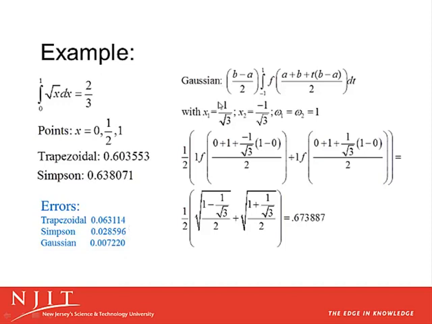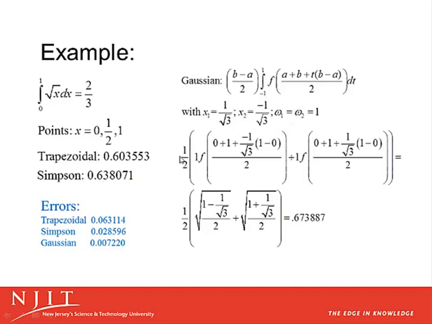Gaussian quadrature, well, we're going to use b minus a over 2 times this integral from minus 1 to 1 of f of a plus b plus t times b minus a over 2 dt. Well, we're going to use x1 meaning t, because now t goes from minus 1 to 1. If we use the t values 1 over square root of 3 and minus 1 over square root of 3, with the omegas both equaling 1, what do we get?